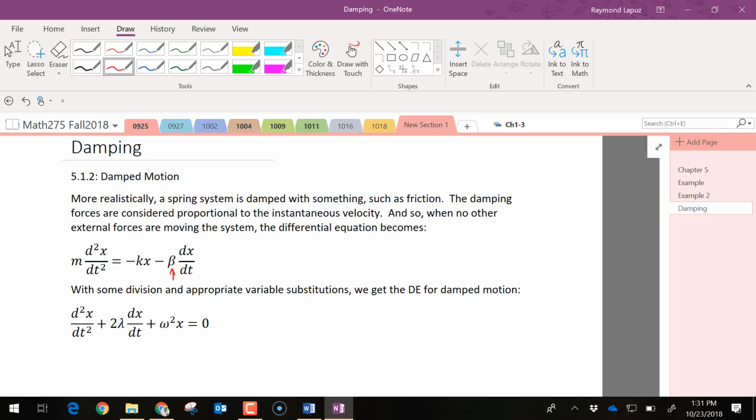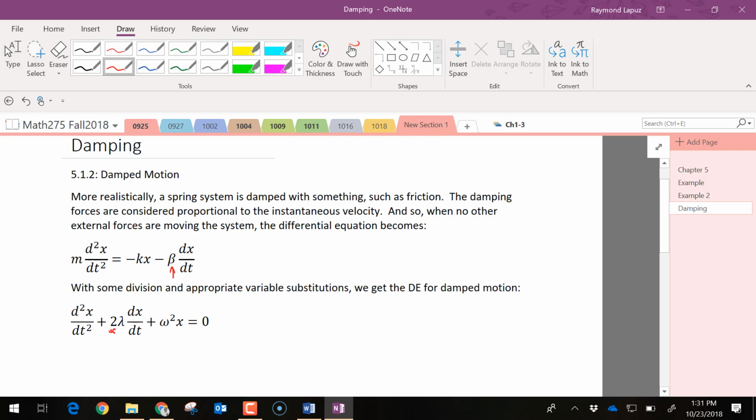And so the only thing we need to do is add on our velocity term. And so we see this thing that they have here. It turns out to be x double prime plus some constant times x prime plus another constant times x. And that constant times x, we've known from the previous page as being omega squared.